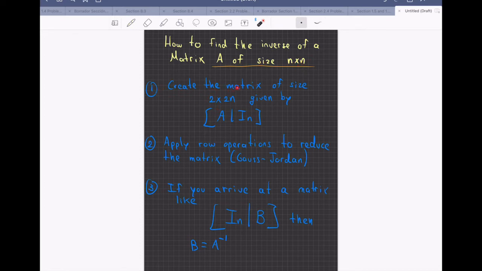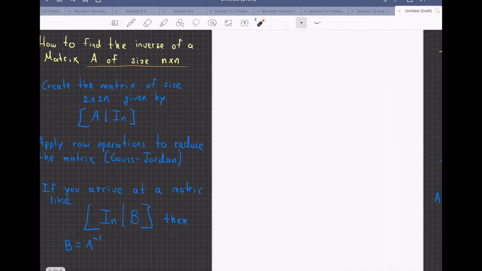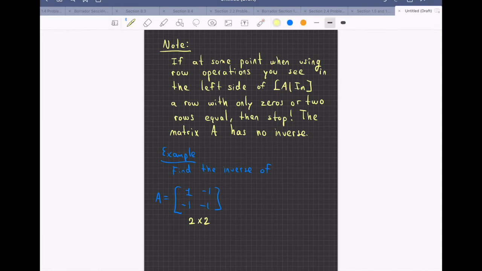Step number 1, we have to create this matrix of size 2 by 2n given by A and the identity matrix. So in this case, I_n is going to be I2. So we create A|I2, which is: write the matrix A, 1, -1, -1, -1, and here write down the identity matrix with size 2. This is going to be 1, 0, 0, and 1.